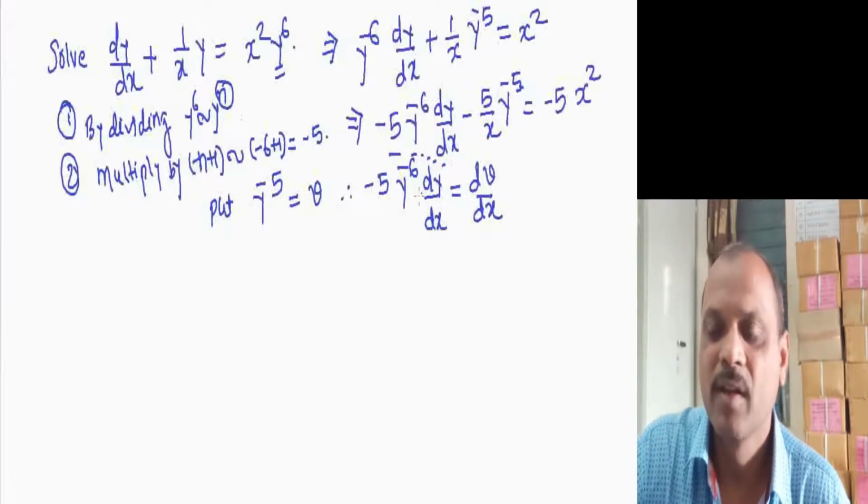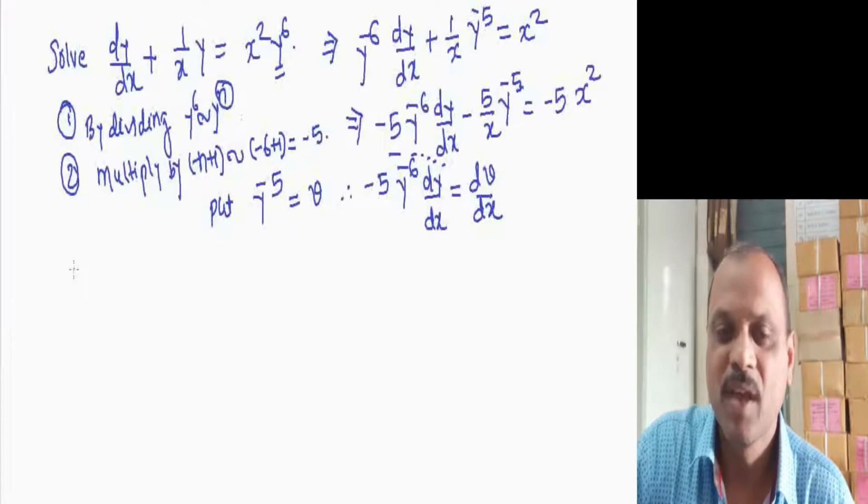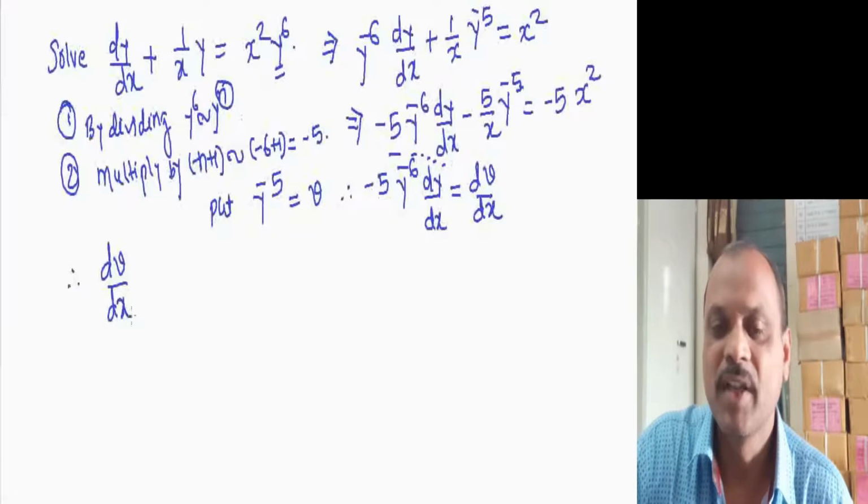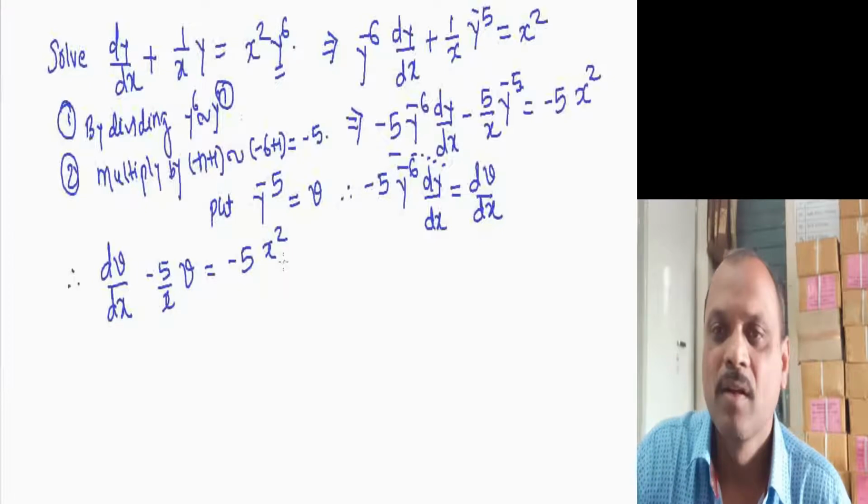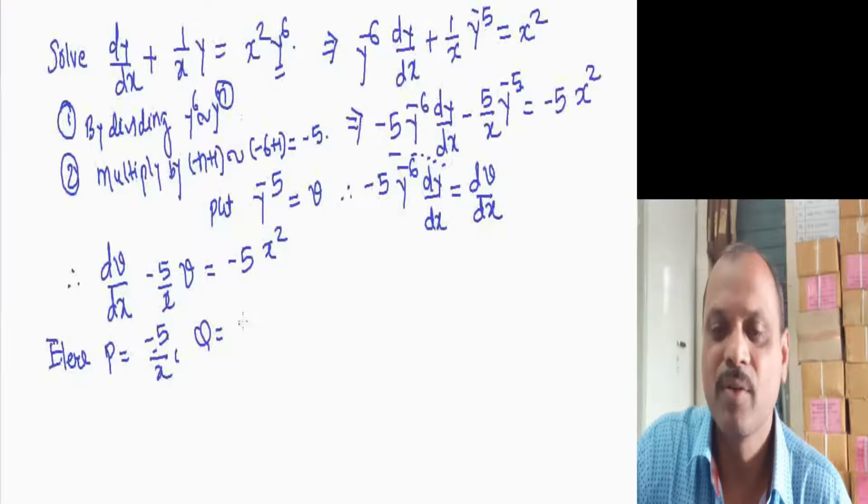Then let us put this value, therefore, the above equation will be dv by dx minus 5 divided by x into v equal to minus 5 into x square. Now, this is a linear equation in which the value of p equal to minus 5 divided by x and q equal to minus 5 x square.